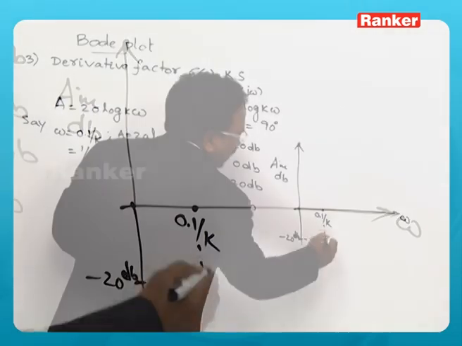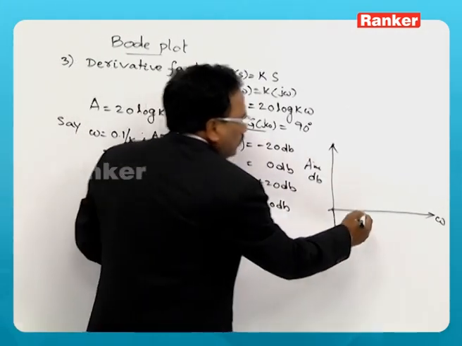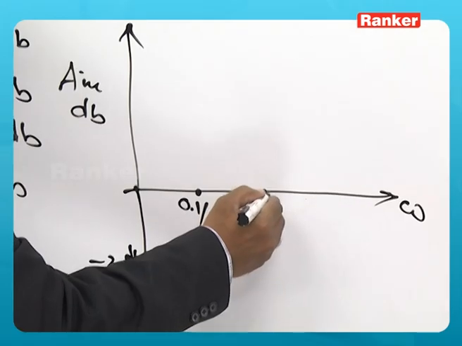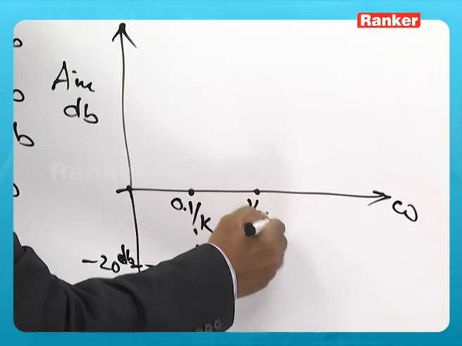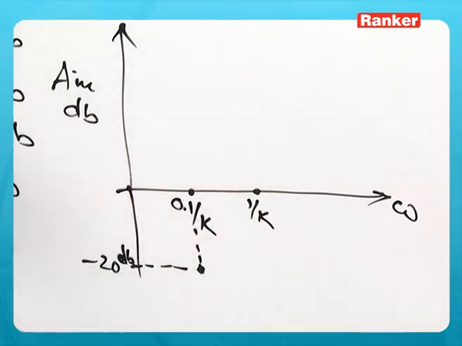Next, when omega equal to 1 by k, it becomes 0 dB.